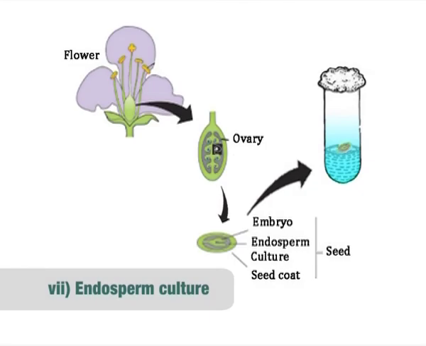The next type of plant organ culture is the endosperm culture. Endosperm culture in plant tissue culture is used for the production of triploid plants, since the endosperm tissues are triploid in their chromosome constitution.